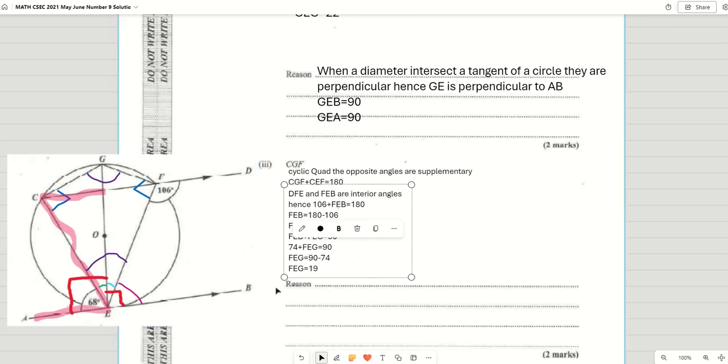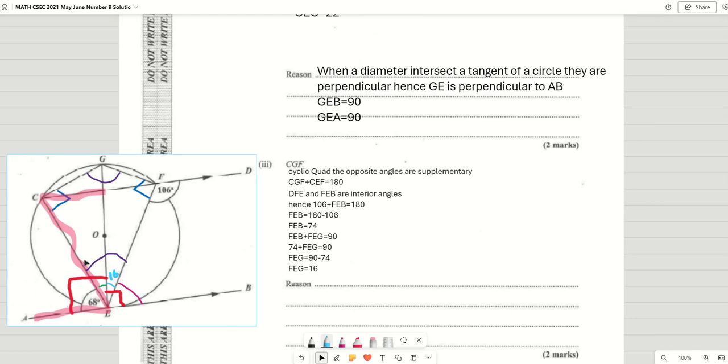Alright, so why did I put 19? 16. So this angle here, this light blue angle here, is 16 degrees. So we know that this angle CEF, let's put the angle FEG plus CEG.